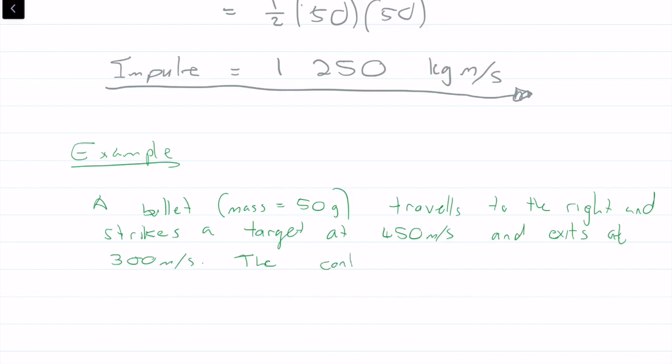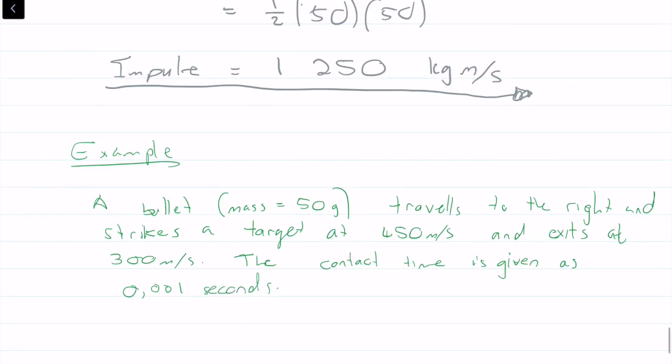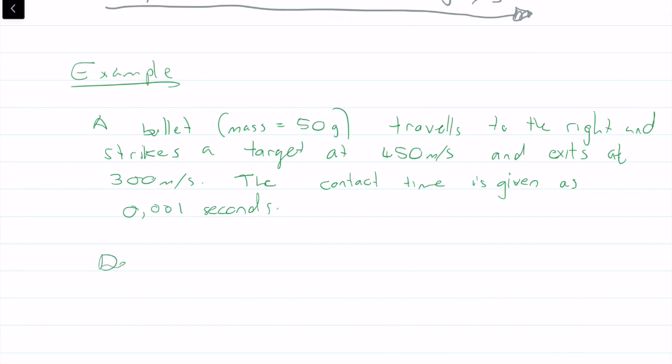Okay, the contact time is given as 0.001 seconds. So very small contact time. And we want to determine the following. First, we want to determine the change in momentum.